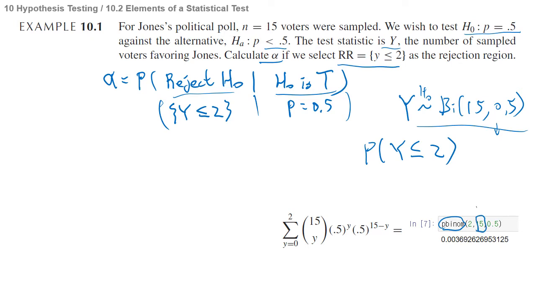This part is n equals 15, this part is the probability 0.5, and this 2 is the cutoff. So we can calculate the level alpha, and it's about 0.00369. Okay.